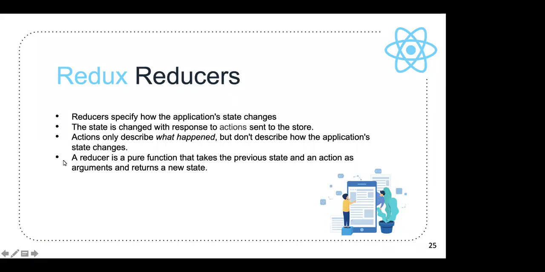Actions only describe what happened, but don't describe how the application state changes. A reducer is a pure function that takes a previous state and an action as arguments and returns a new state. Simply, it stores the values, and it returns new values. It updates the current value. So this is the basic idea about the Redux reducer.